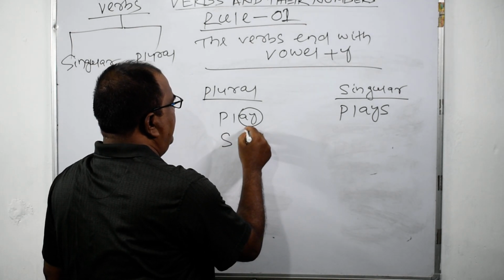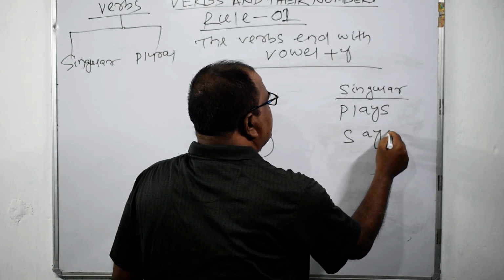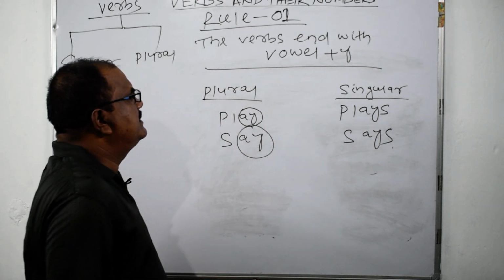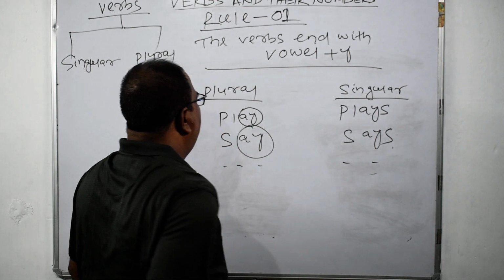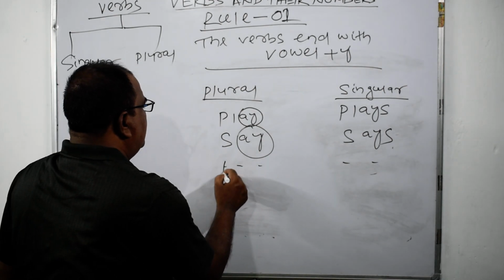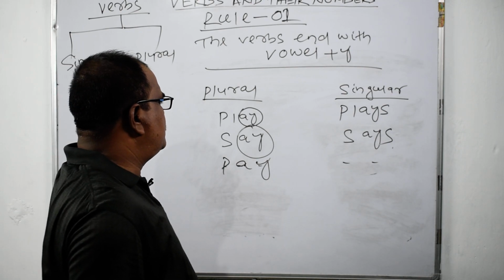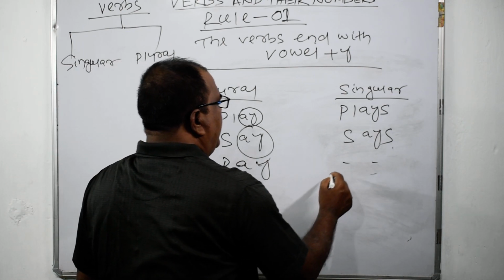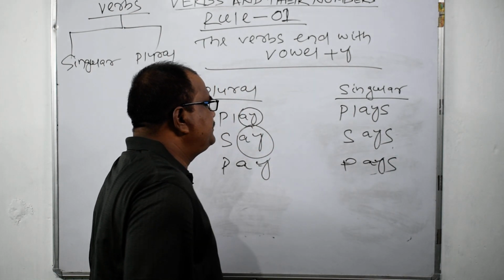We can take another example. Say. Its singular form is says. In this way, we can take other examples of verbs. Pay. Its singular form is pays.